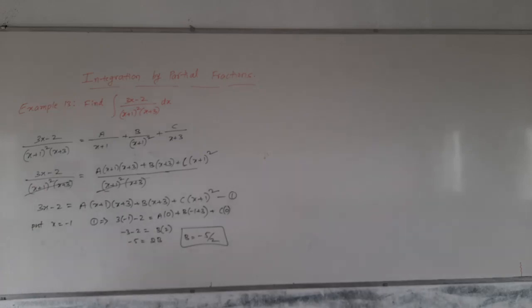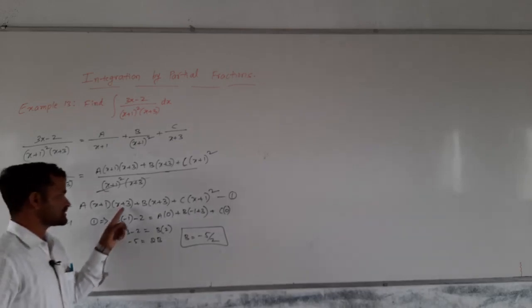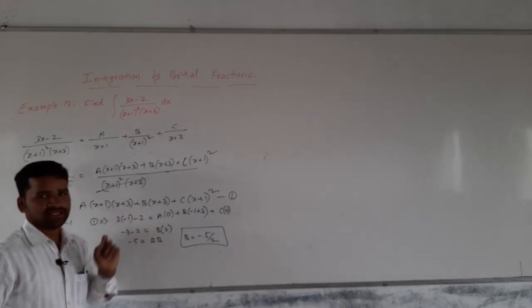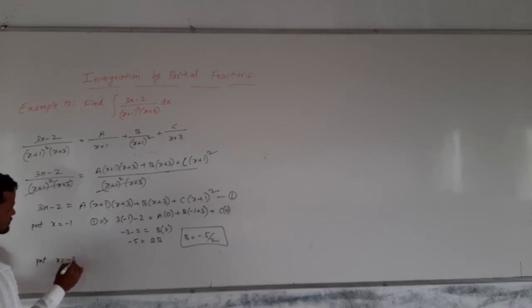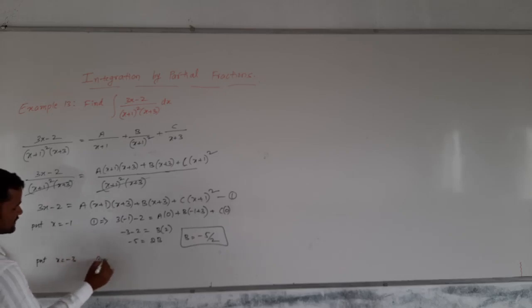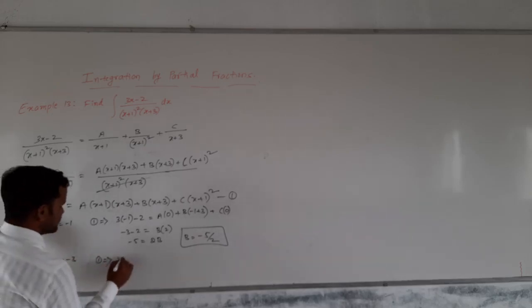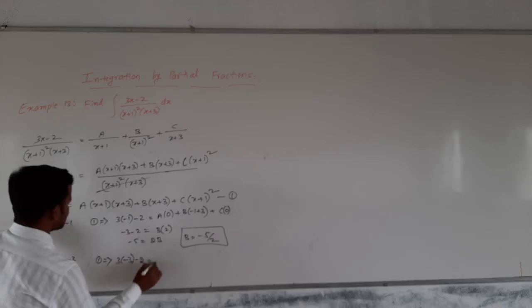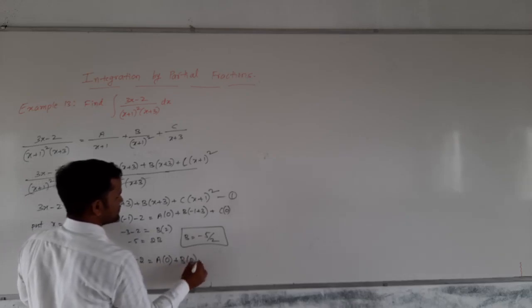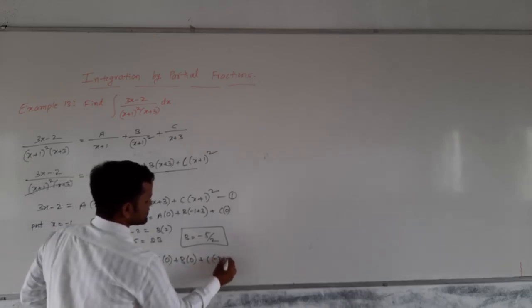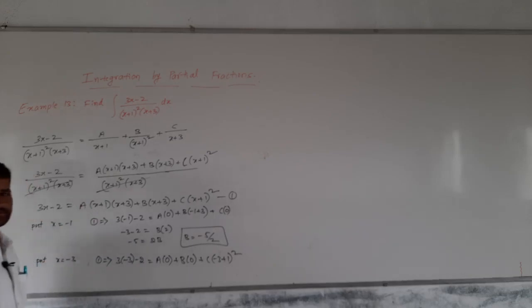Now to get the value of c, we can find out by substituting x is equal to −3. The a and b parts will be 0 by substituting x is equal to −3. Now equation 1 implies 3 into (−3) − 2 is equal to a into 0 plus b into 0 plus c into (−3 + 1)².